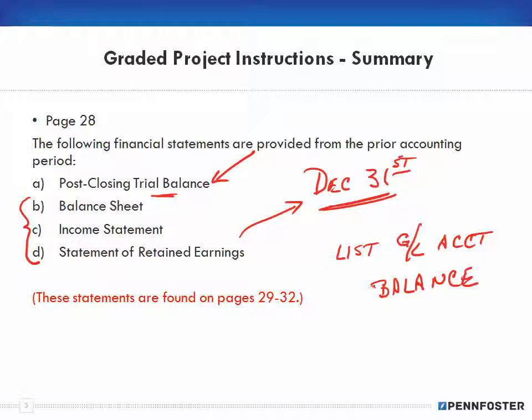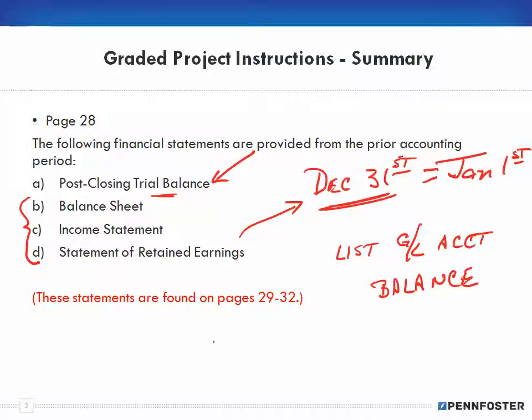Your vehicle has a debit balance of 48,000. So these are the ending balances for December 31st, but they become the beginning balances for the next accounting period, which would begin January 1st. Okay, so we need this post-closing trial balance in order to set up our books.